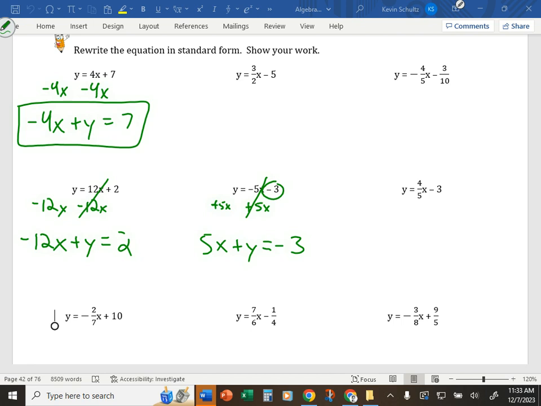Anyway, now we're going to talk about this fraction here. Okay, y equals 3/2 x minus 5, and we already discussed how to undo the fraction. But if you look at step 1 of your steps, it says multiply everything, each term, by the denominator. The denominator that we have here is 2, and so we're multiplying everything by 2.